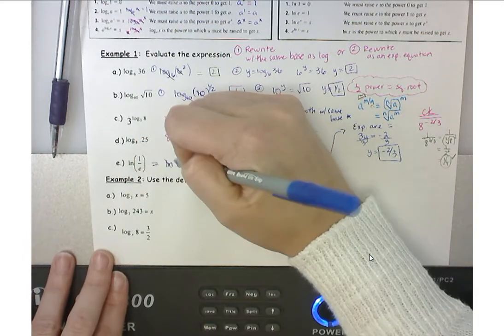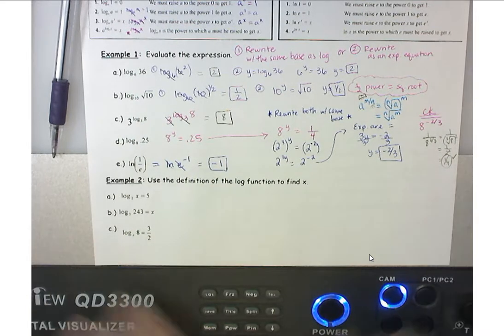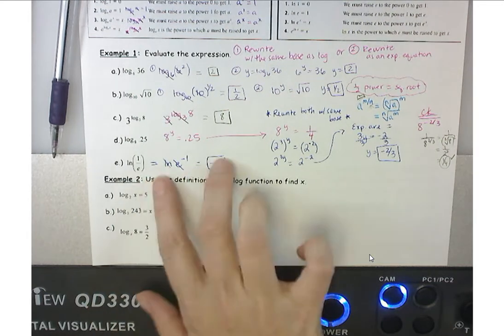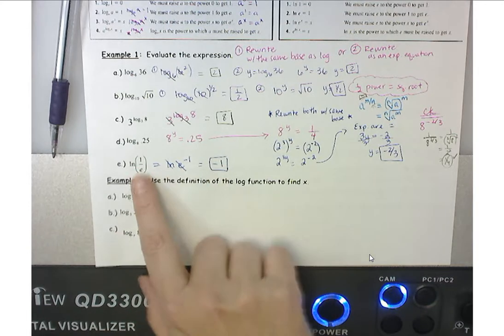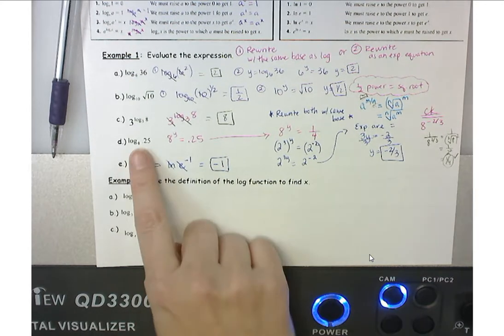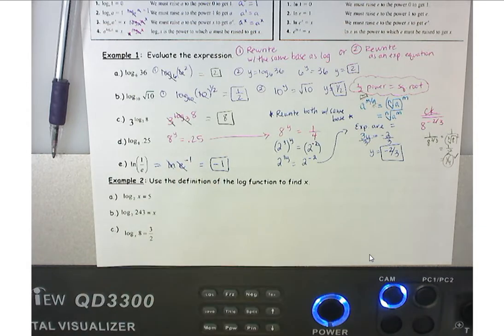Natural log and e are going to undo one another, so I would just be left with negative 1. Okay, so start to think about the relationships between these. The log and the exponent, right? When you're taking a log, you're just trying to find the exponent of your exponential function here.